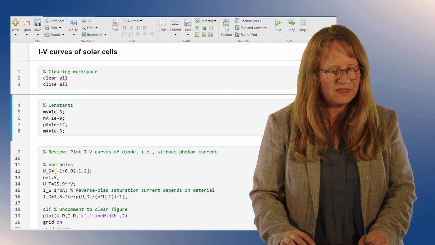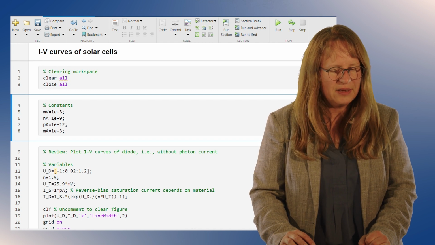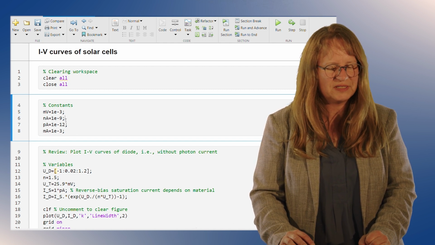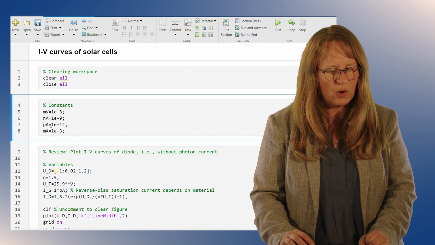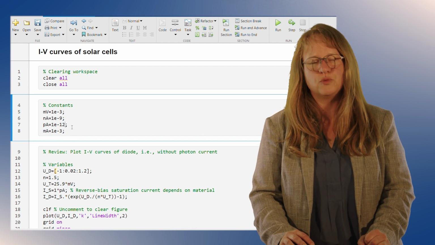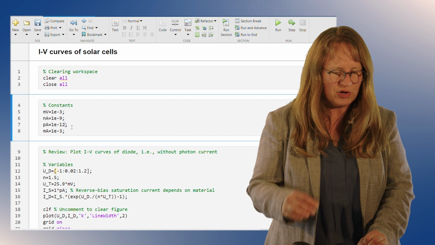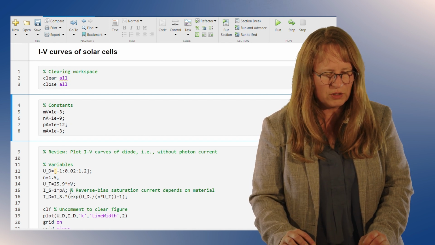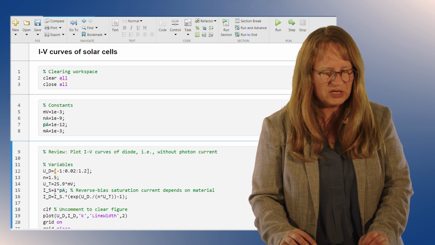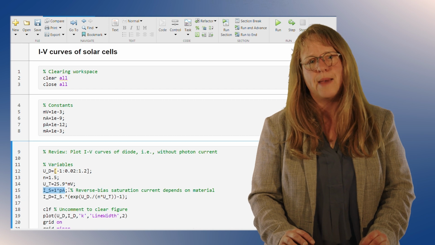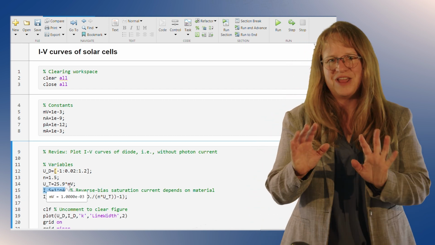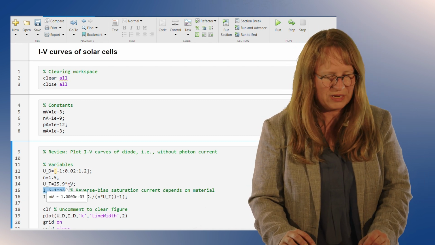I define, for example, that nanoampere is 1 times 10 to the minus 9 and picoampere is 1 times 10 to the minus 12. This is just so that later on I can write that the reverse bias saturation current is 1 picoampere. It doesn't have any other meaning, it just makes it more readable.